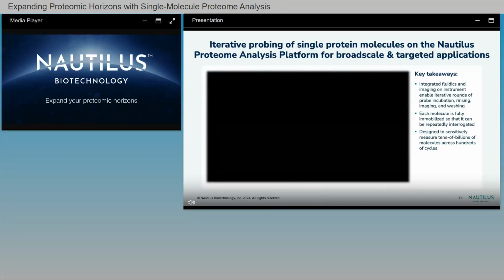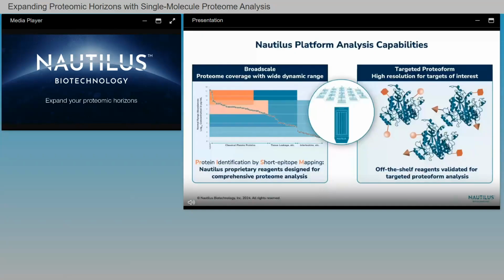How do we use this information to actually identify proteins? This is really where the platform branches into having 2 different modes of operation. In general, there is one core platform, and it can operate in either a discovery mode or a targeted mode.